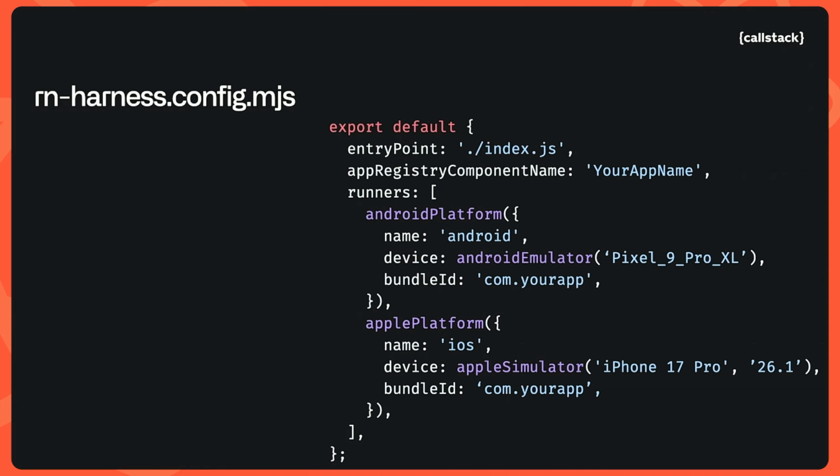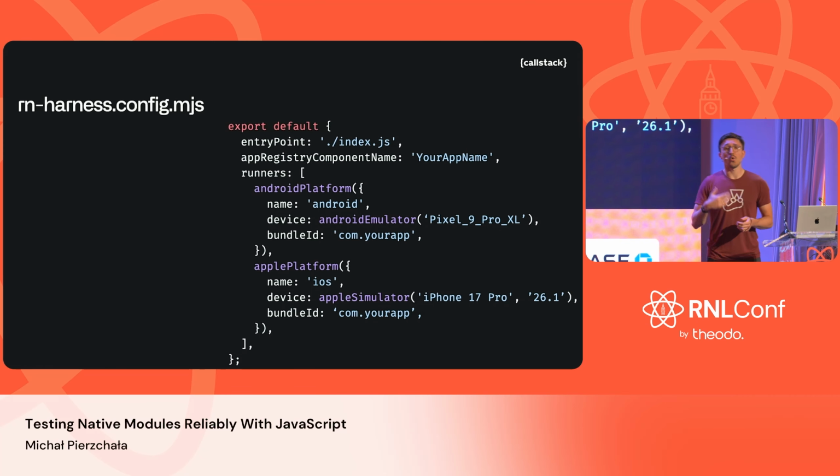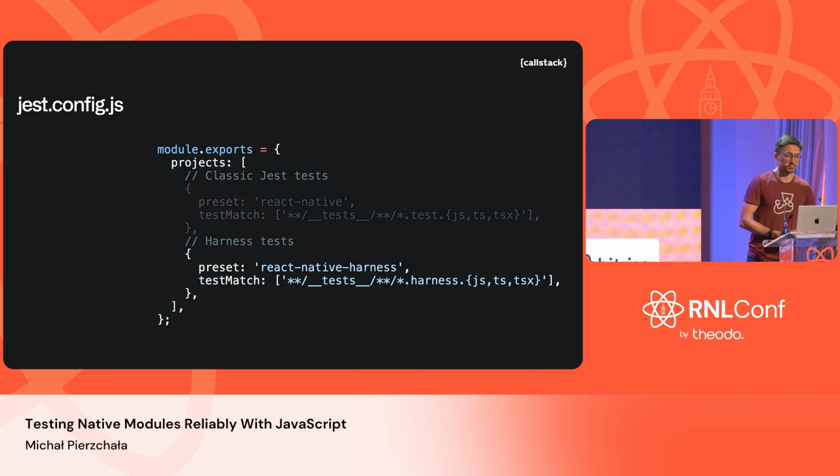So how to add it in your code base? There's one new file necessary called rn-harness.config. You specify some entry points, runners for all the platforms, and inside you can say whether you want to run with Android emulator or iOS simulator or a real device. It's also supported.